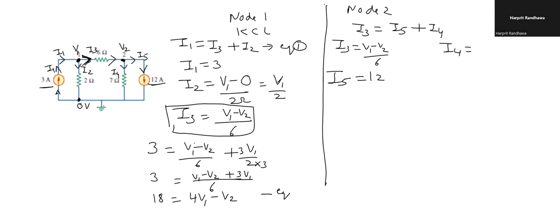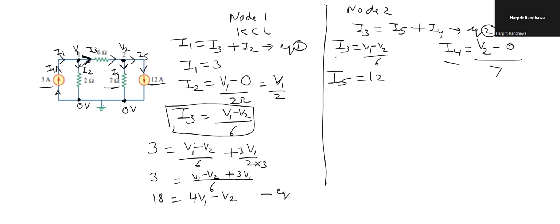It goes from this point in the downward direction. The voltage at this point is 0 volts since it is ground. So using Ohm's law, the voltage drop across the resistor will be the voltage at one end minus the voltage at the other end. That gives me V2 minus 0 divided by the resistance, 7 ohms. That gives me I4.